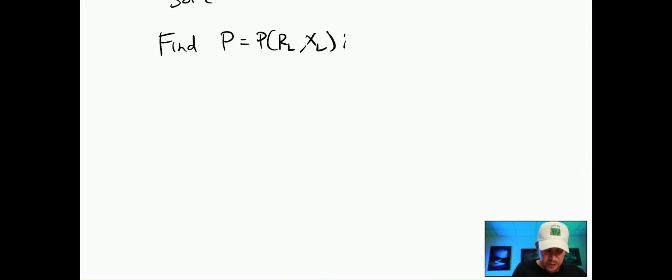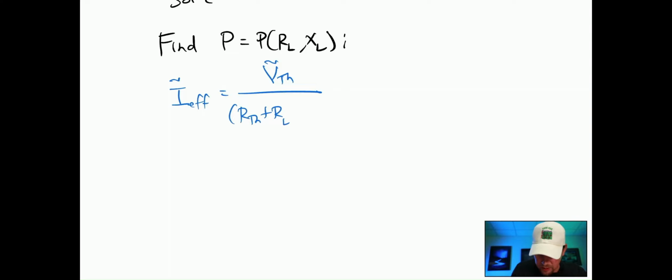Let's rewrite it down here. So we can say cleanly that the current that flows through our circuit is the Thevenin voltage divided by the Thevenin resistance plus load resistance plus j times the Thevenin reactance plus load reactance.